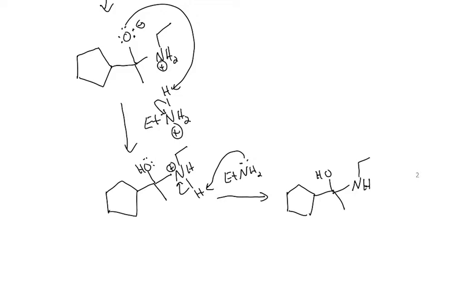The next thing that we need to do is we need to pop this OH off. But of course, OH is not a good leaving group, so we're going to protonate it, and then it can come off as a leaving group. And these next two steps are identical to the two steps in the acetal formation after we formed the hemiacetal.